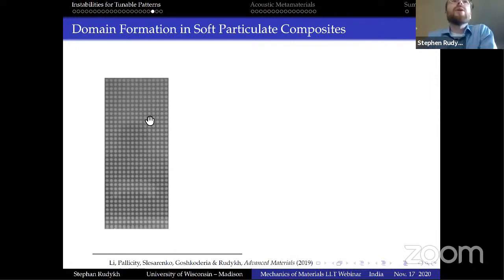What you see here, the dark area is soft rubbery material, and these are circular inclusions in 2D. This is a plane strain type of deformation. We apply loading in this direction, but you can see that in this situation the inclusions are packed quite densely, and so they will need to rearrange somehow, and find a way to do so.